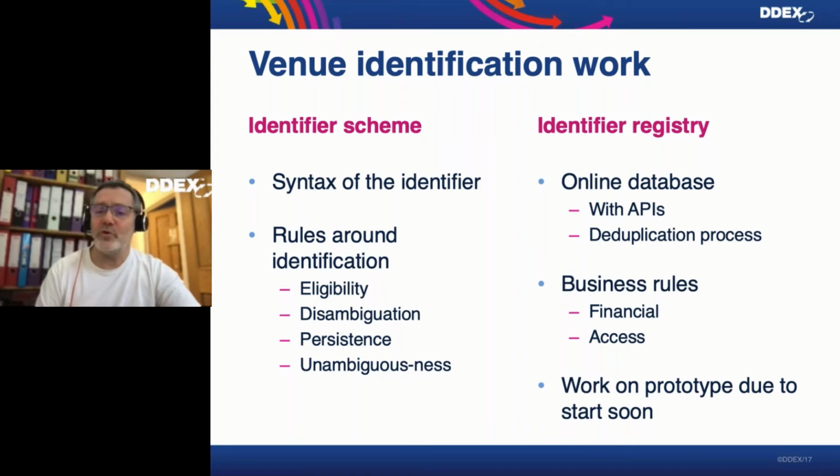Maybe not for the recorded music, maybe not for the film and TV industries, but maybe there is a reason, because I don't know, somebody wrote a piece of music there, for example, not that I'm aware of. And we need to make sure that the rules about unambiguous identification of a venue are adhered to.